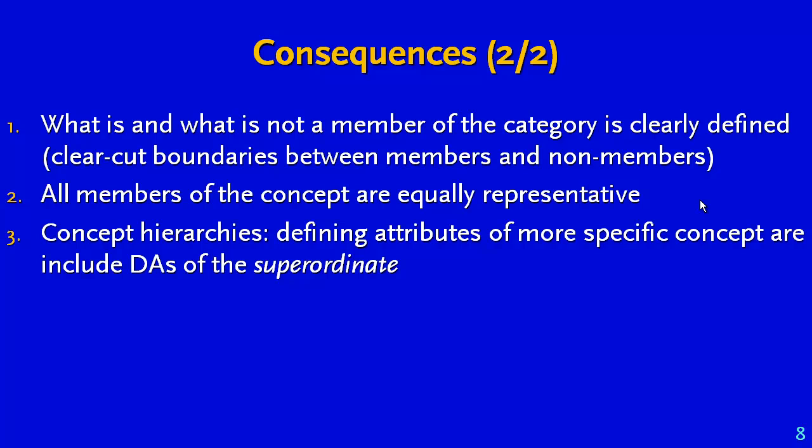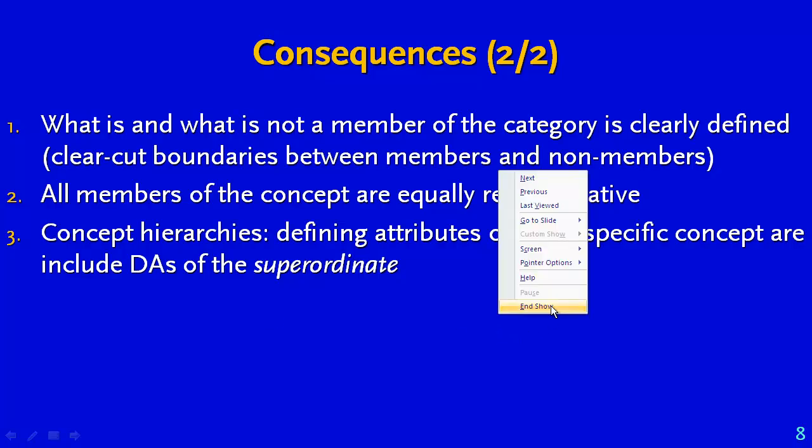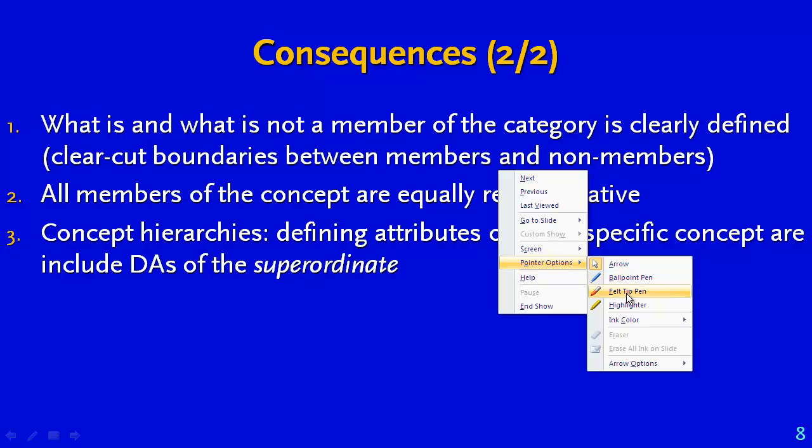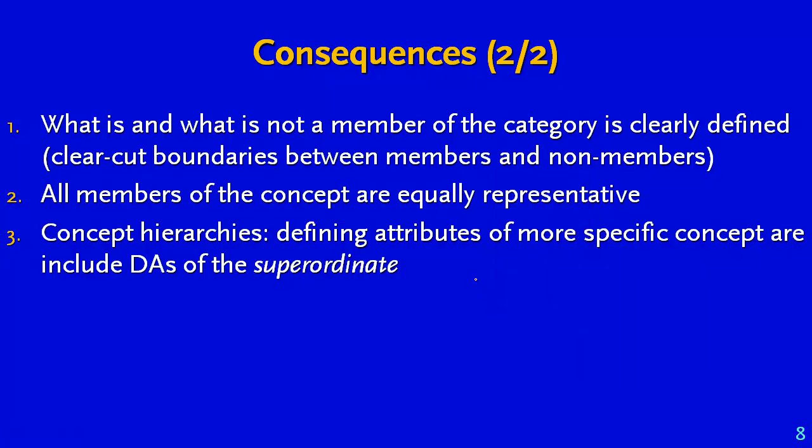Frege's approach allows us to define concept hierarchies. These are class hierarchies. So as you go down the specialization chain, as it were, you get more and more specific attributes. So here we've got the different levels, going from high level to low level. Here's the highest level, here's the middle level, let's say, and here's the lowest level.